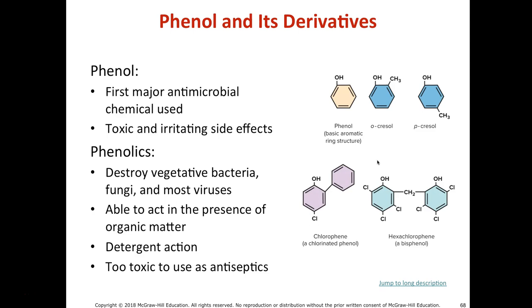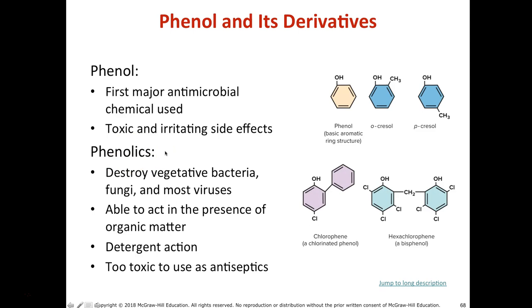But we see that it has a lot of toxic and irritating side effects, so it's not used so much in this phenol composition, but instead we use different compounds related to the phenol. So here you're going to see some cresol, and we'll talk about some chlorophene and hexachlorophene as well. So more the phenolics are going to be used in healthcare.